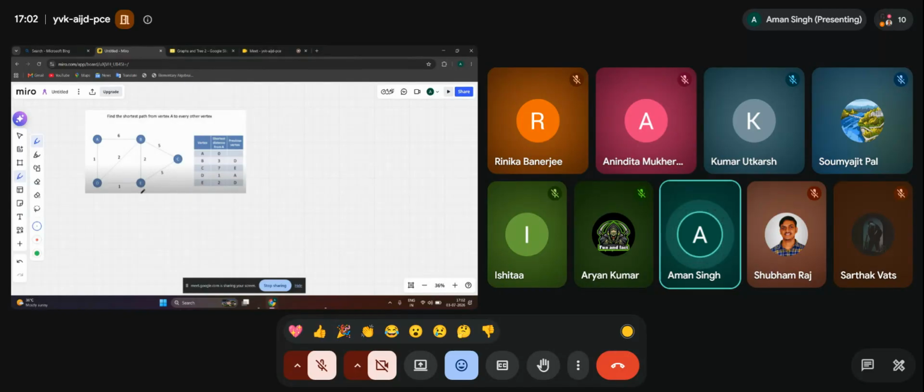Shortest path between two nodes is the path along which the sum of edge weights is minimum. If I want to find the shortest path from A to C, there exist a lot of paths, like A to B, this is one path, and this is another path. There exist a lot of paths between the given two nodes, but we want the shortest path.